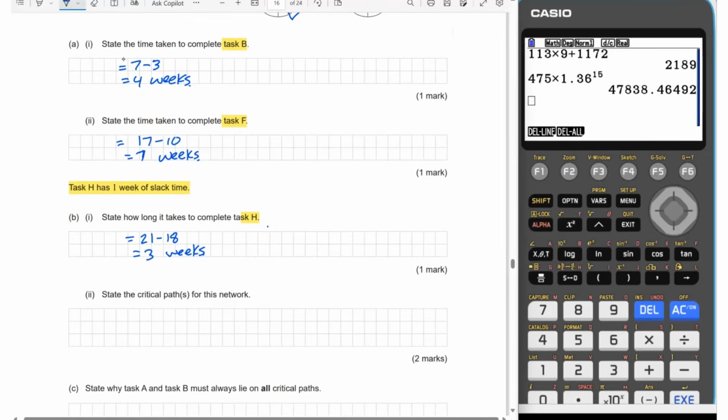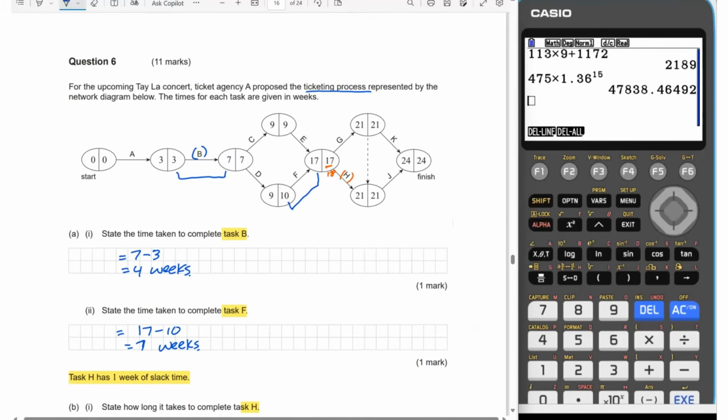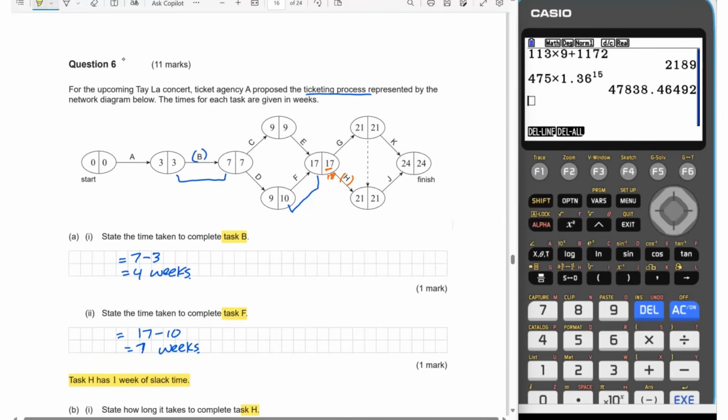Okay, so that slack time is actually quite an important piece of information. It's also relevant to us trying to find the critical paths. It has an S here for the paths, and it's worth 2 marks, so we are essentially looking for 2 critical paths through this network. I'm just going to change my highlighter here. A and B have to be on the critical path because it's the only way through this network at the start.